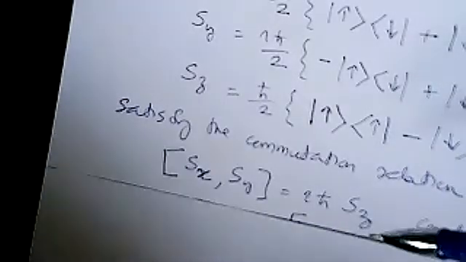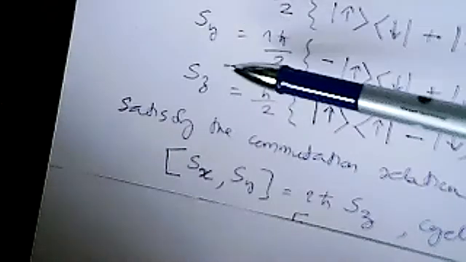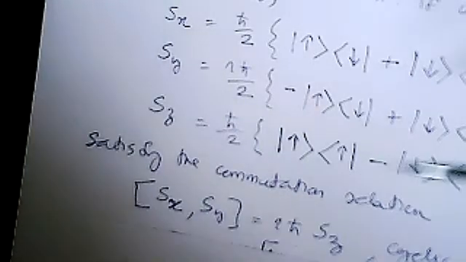This is the spin angular momentum component commutation relation. In order to satisfy this relation, we can choose Sx, Sy and Sz like this, and this commutation relation will be automatically satisfied.